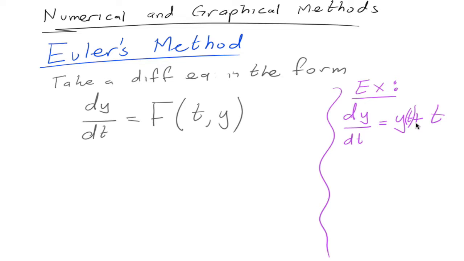If I know the time that it is, and I know where I'm at, then I can find the exact rate of change at that point. So if I tell you, okay, I'm at t equals 2 and y equals 3, the rate of change is 5, right? 3 plus 2 is 5. So for this particular example, right?